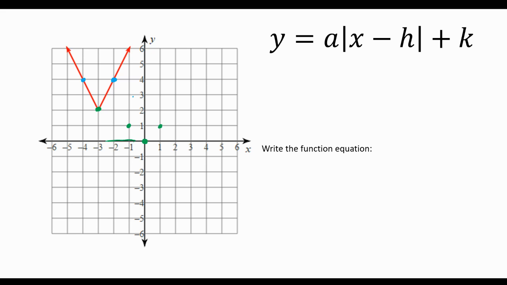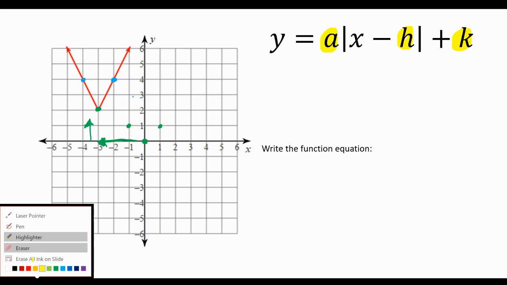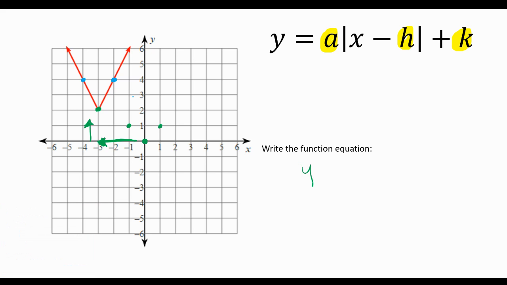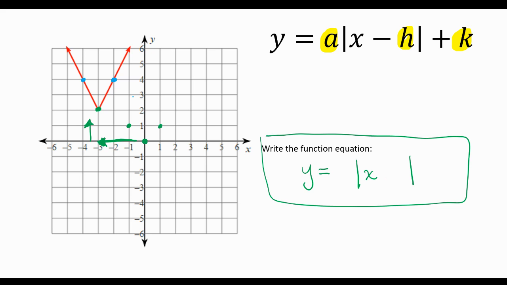So this one is moving to the left, and then it's moving up. So let's figure these 3 numbers out. So we need to write the function. That's going to be our answer.